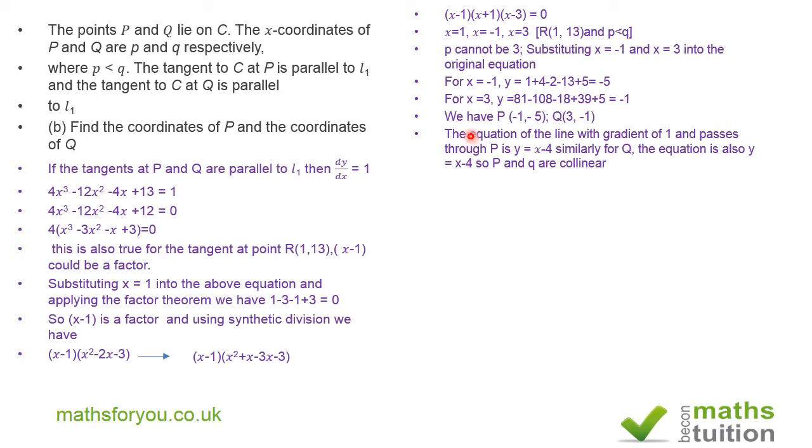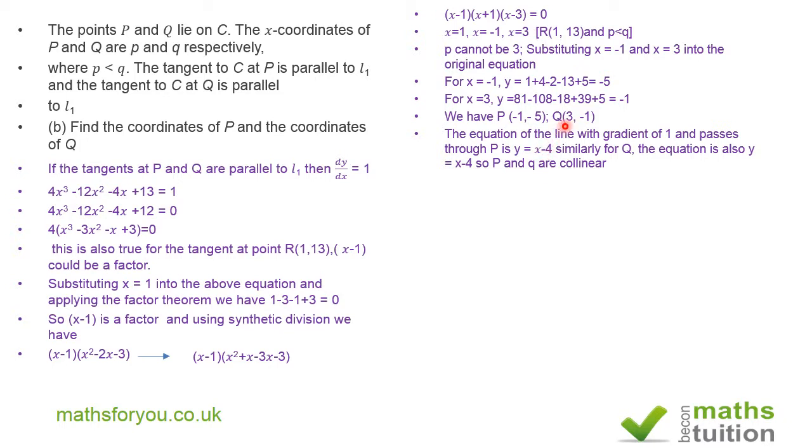Right. I'm going to do something not required in the question itself. I'm going to try and find the equation of the tangent at P and the equation of the tangent at Q. Now, if the gradient of the tangent at P is 1, and we know the coordinates of P, which is minus 1 and minus 5, we can find the equation of the tangent at P, and that gives us y is equal to x minus 4.